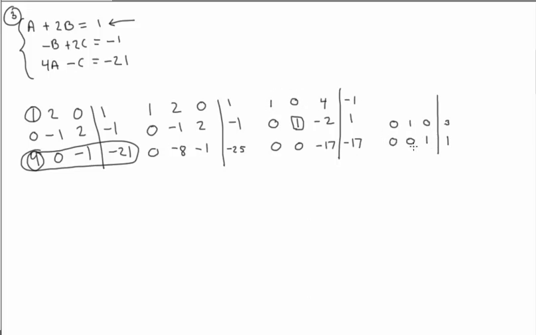So by -4 add it. And what am I missing? Sorry, this should be a 1. Okay, so that then tells us that A is -5, B is 3, and C is 1. The same result we found.